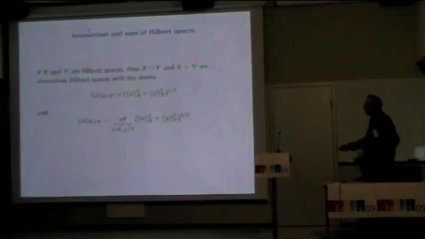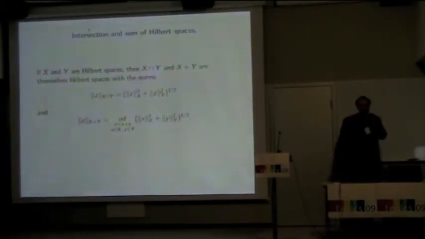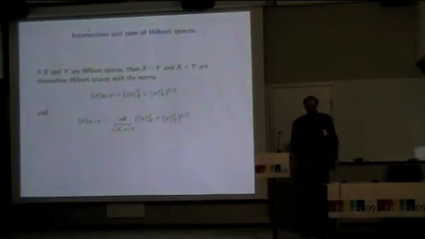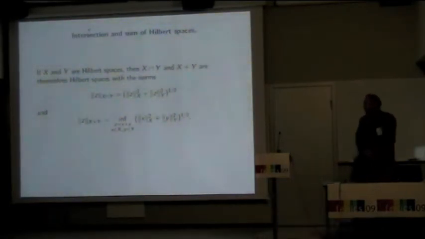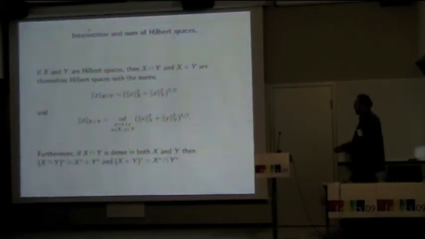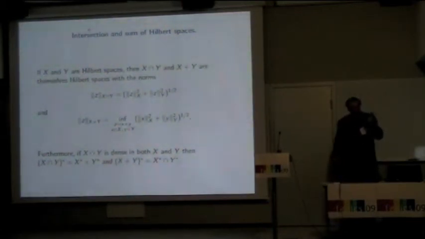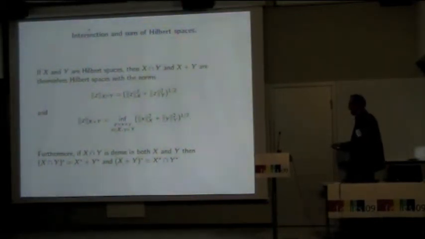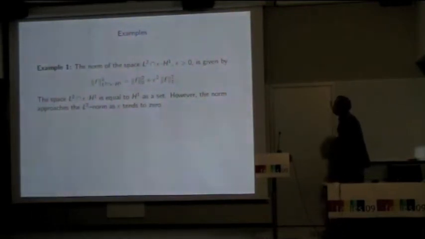While the sum space is everything you can write as a sum of something in X and something in Y, and then you take the inf over all possible ways of getting that sum. And that norm is exactly the norm of the sum. Then you have these nice properties that the dual of the intersection space is the sum of the duals, and the opposite. So these are related in a very natural way, and it's not extremely deep.